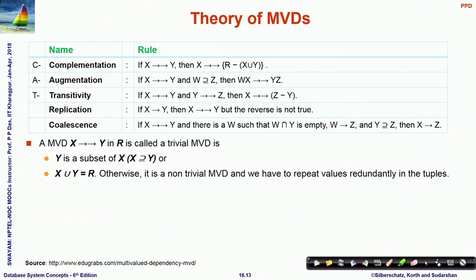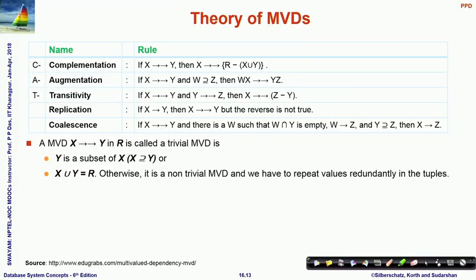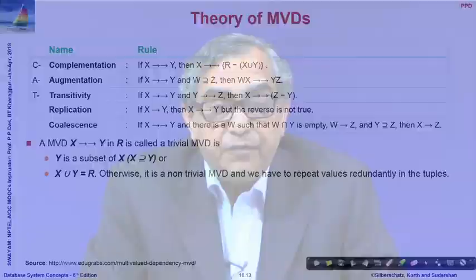Now, once having defined the notion of multi-valued dependency, we next proceed to check how we reason about it. I would remind you about functional dependencies and the Armstrong's rules that we had introduced, of augmentation, transitivity and all that.